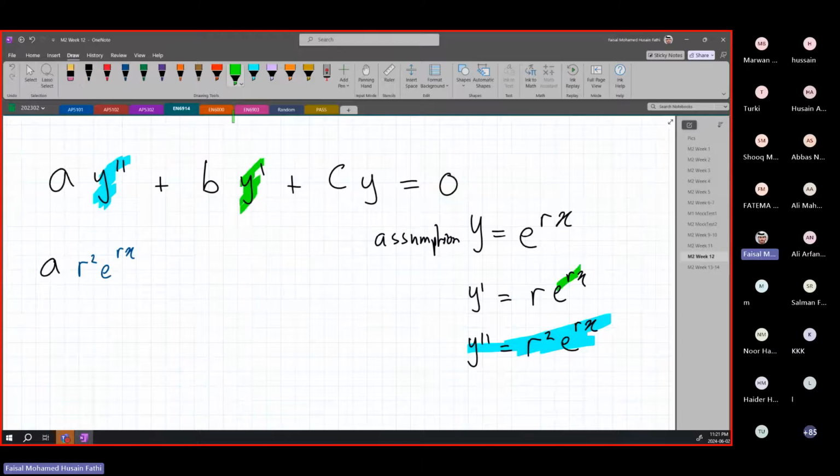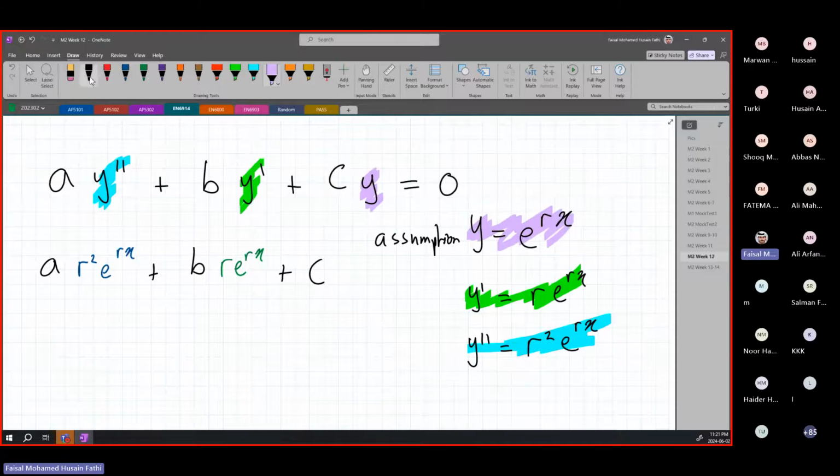Y prime is the value that we have found here, which is r e to the power of rx, plus c times y, which is our original assumption over here. This y is basically this value over here for y, which is e to the power of rx. And this is equal to 0.